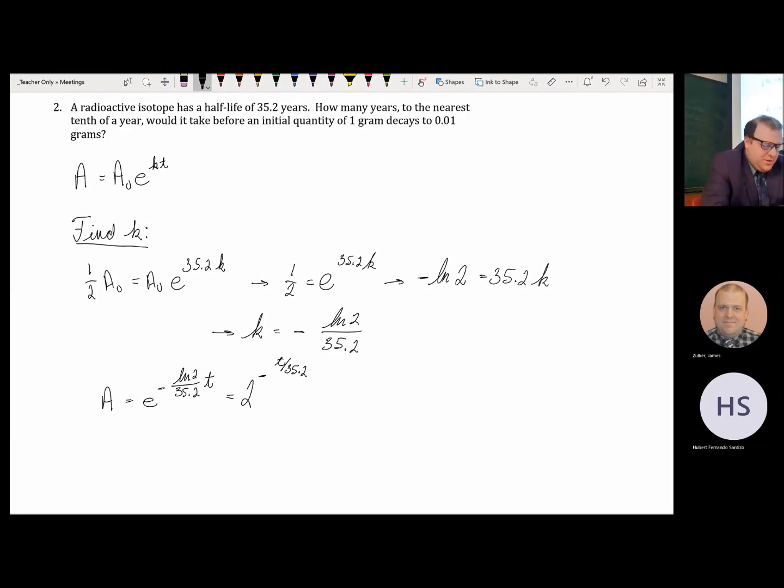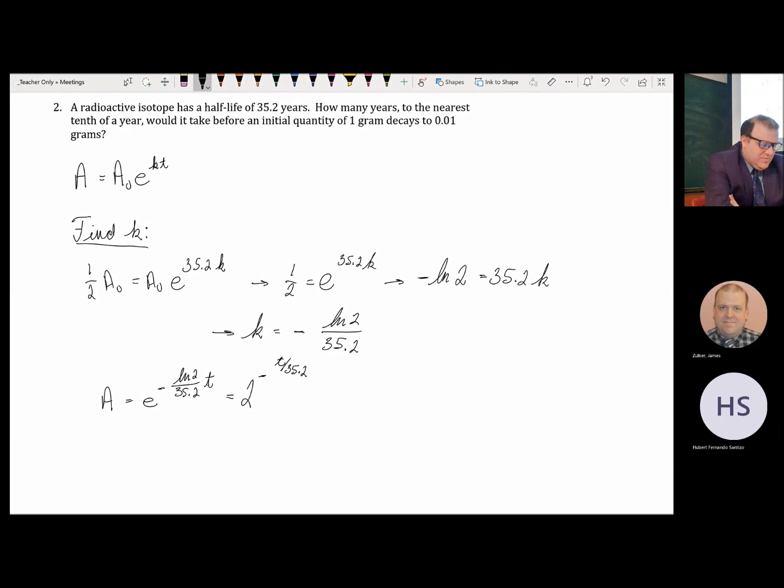Again, using properties of logs, you can rewrite that e to that as simply 2 to the negative t over 35.2. Or if you wanted to, a half to the t over 35.2. Same thing.